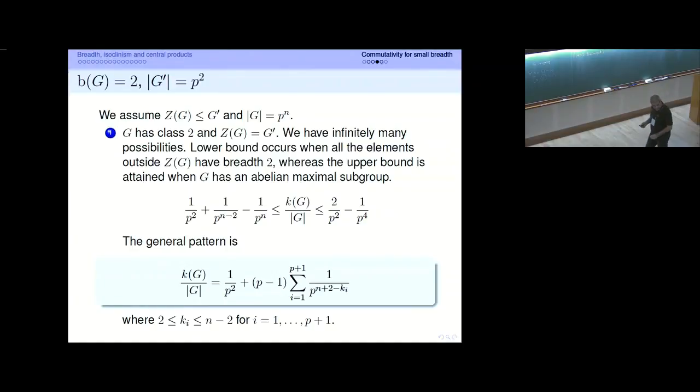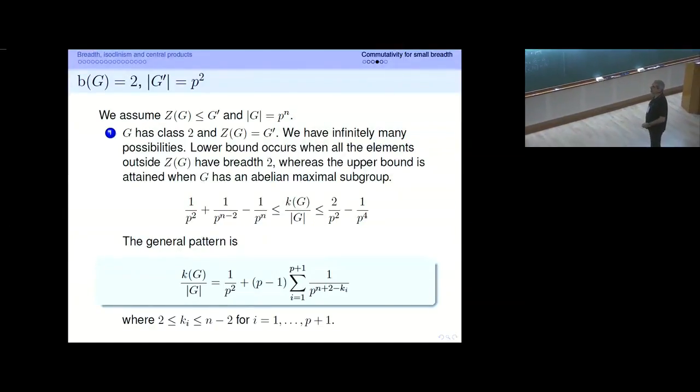Okay, so I have here just an expression of how a typical value in this interval would look like, but this is just there.